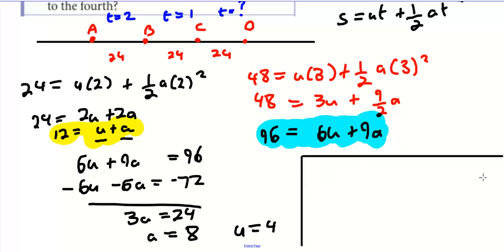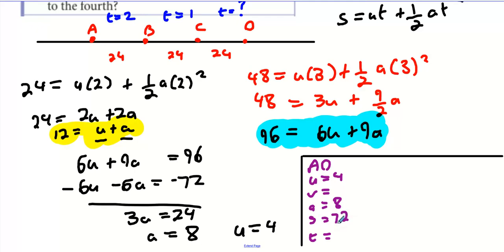Now, data set AD. We have U, V, A, S, T. S is 72. A is 8. U is 4. Phi we don't care about. And T. If I find the total time, what can I do then?